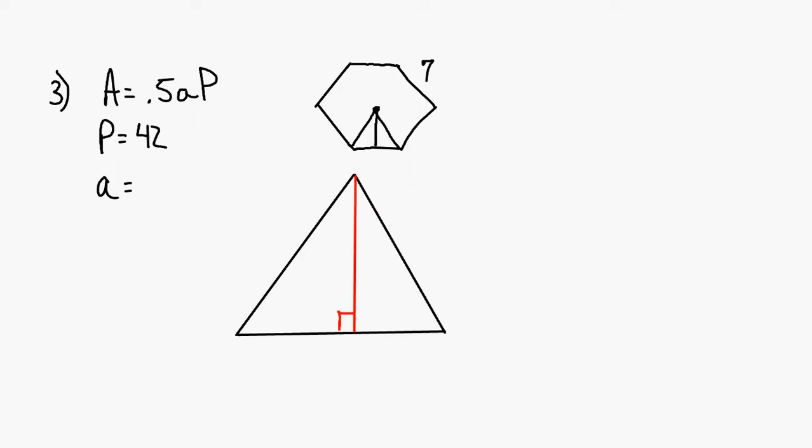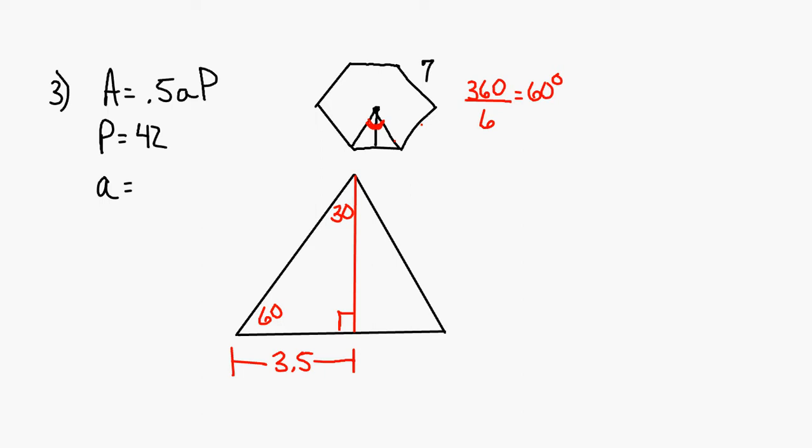If the side is 7, then half of the side is 3.5. The central angle is 360 divided by the number of sides. There are 6 sides, so 60 degrees is this whole angle. Half of that angle is 30 degrees. So you've got a 30, 60, 90 right triangle.